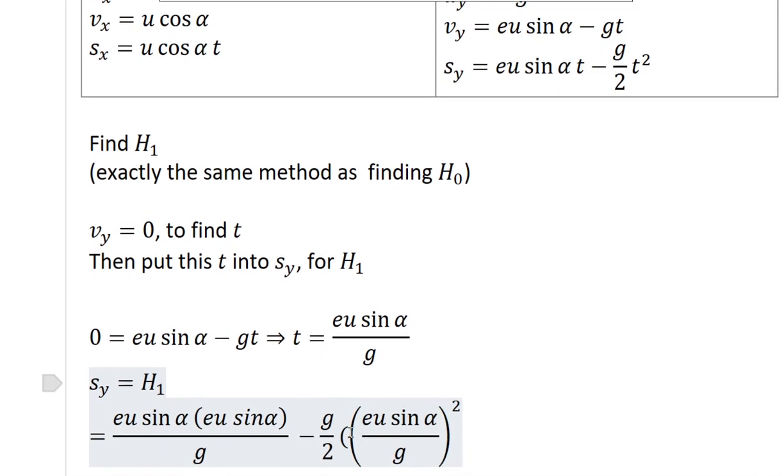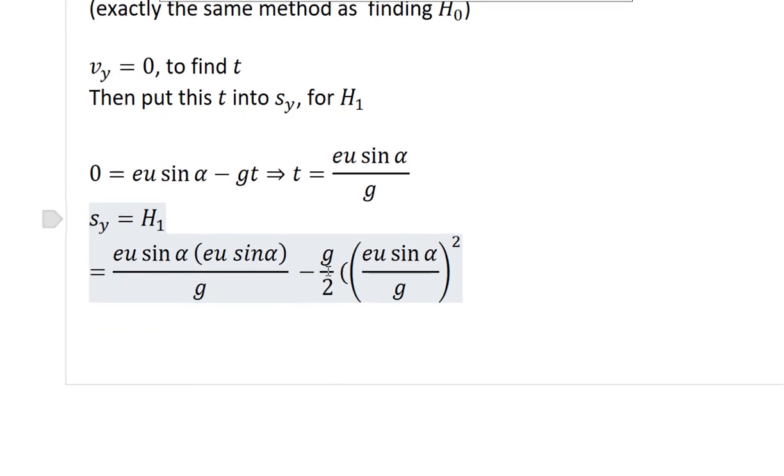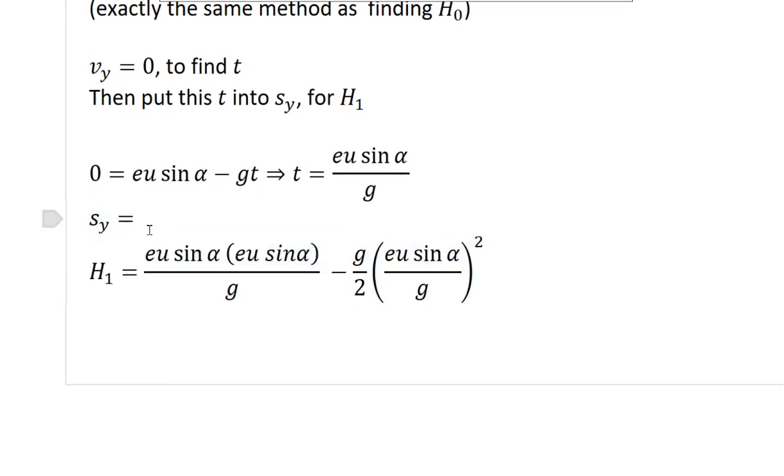I don't know what the bracket's doing there, but let's get rid of it. Okay, so hopefully this will let us do something. Okay, cool. So that's what our H1 is equal to.